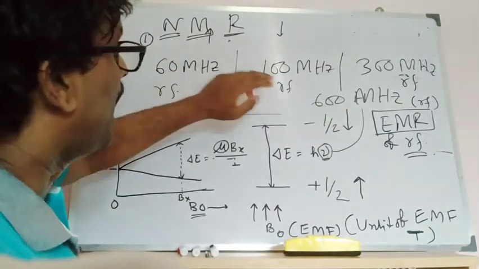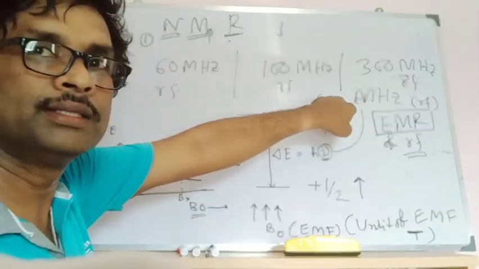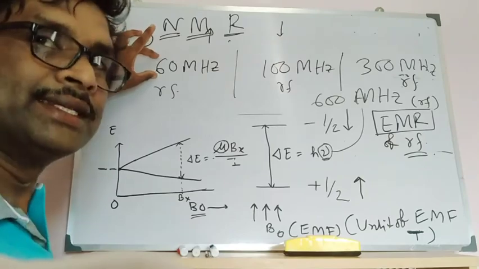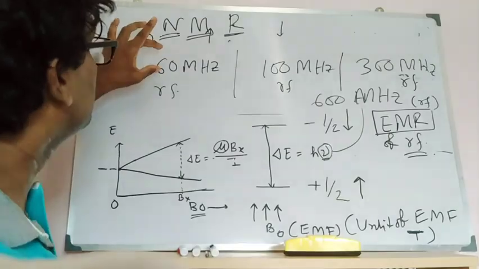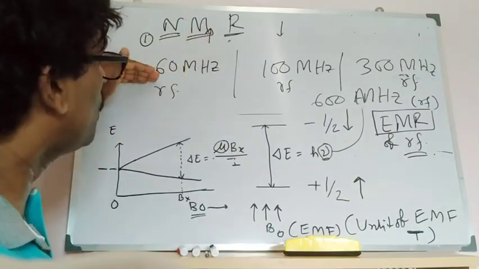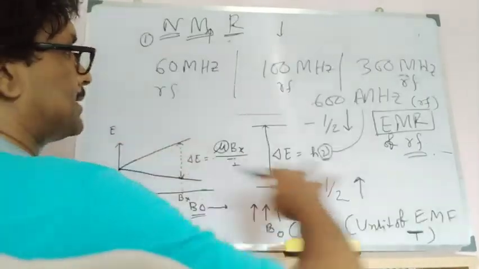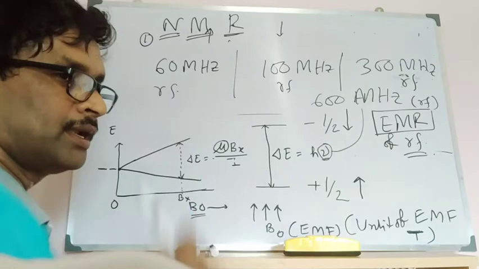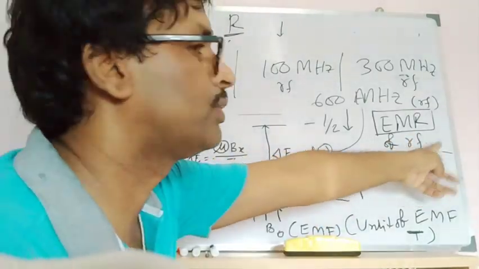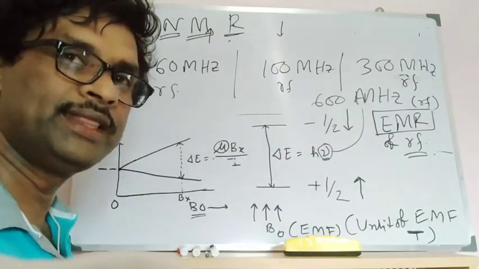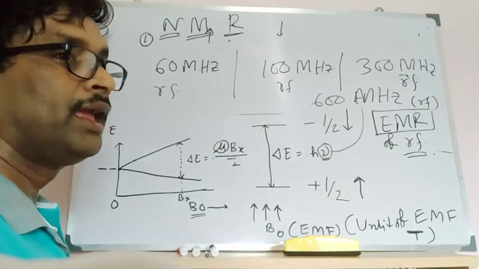We need a higher external magnetic field B0 for the 600 megahertz instrument, and we need a lesser B0 for the 60 megahertz instrument. So if we increase the external magnetic field, clearly its precessional frequency will increase. As the precessional frequency increases, the radio frequency has to increase to resonate with them. Yes or no? So by this way, we can explain what is called NMR.